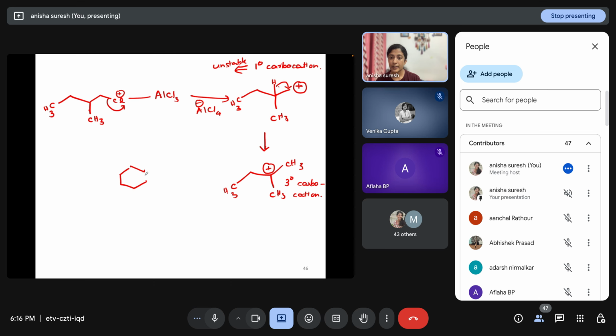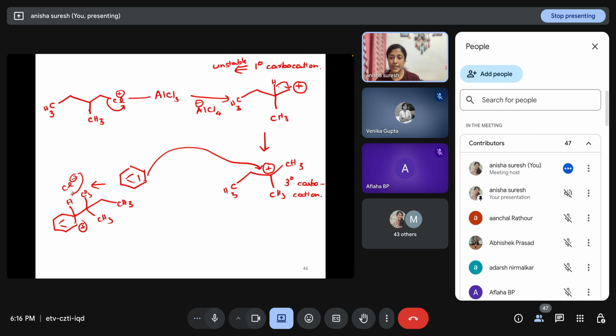Then it can react with benzene, leading to formation of a structure with CH3, CH3, CH3. Here a positive charge will be there.